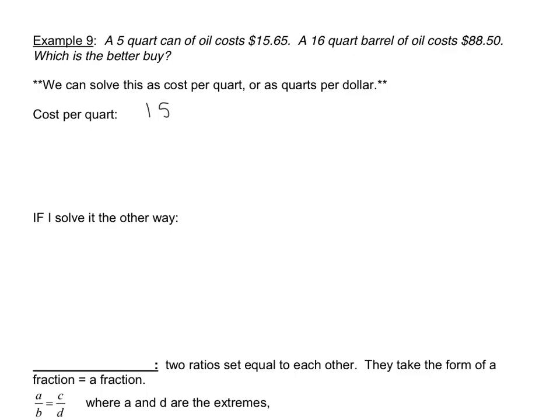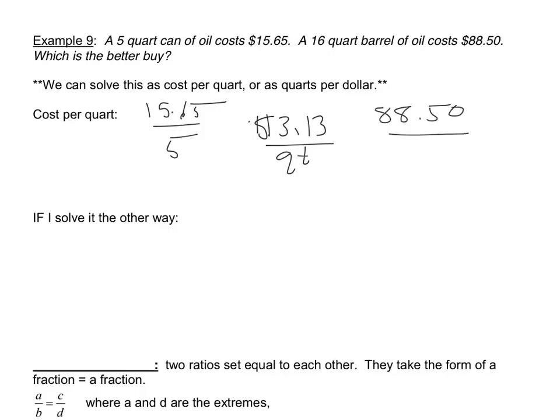So you go $15.65 divided by 5. So you get $3.13 per quart. And then this would be $88.50 divided by 16.